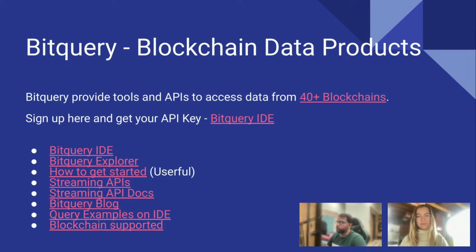Bitquery is a blockchain data infrastructure company. We provide blockchain data APIs and other ways to access blockchain data to many companies. Today, I'm going to show what Bitquery is, what we try to build, what we provide to our customers, users, and what you actually do with Bitquery.